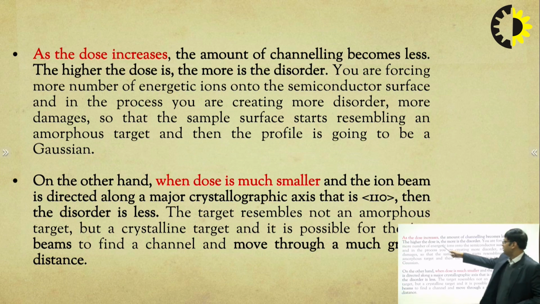Whereas if the dose is increased, the amount of channeling becomes less. Higher the dose, more the disorder. If we increase the dose, it will lead to more nuclear stopping, more disorder, more amorphous structure. So the channeling effect will be minimum in that case.